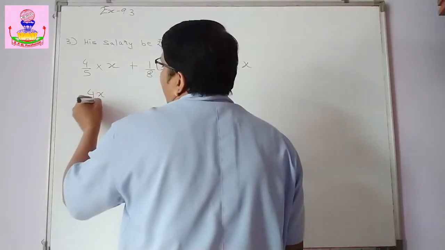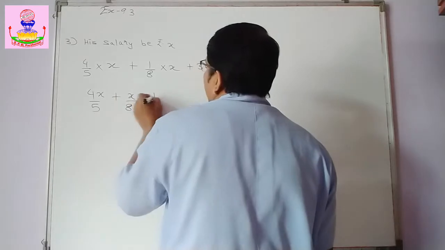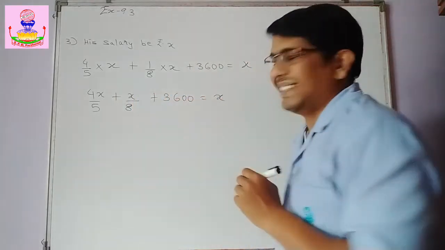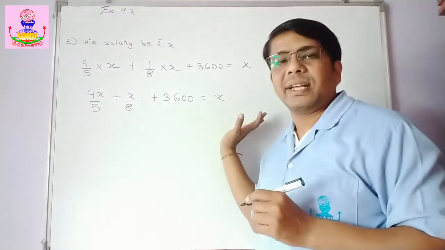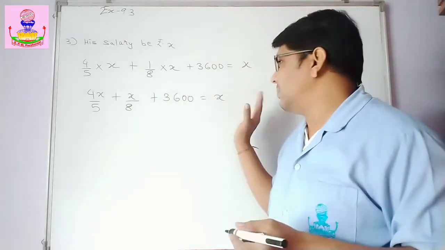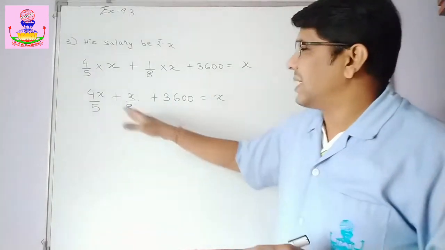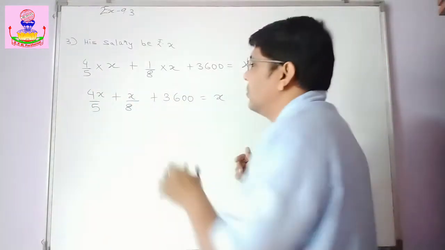Now see. This is 4x upon 5 plus x upon 8 plus 3,600, that is equal to x. Now you can solve this first here and then take this to this side, or take both of them to this side and then solve, that will also do. Okay, so first I think you will do it here only. 8 5s are 40, both are not multiples.